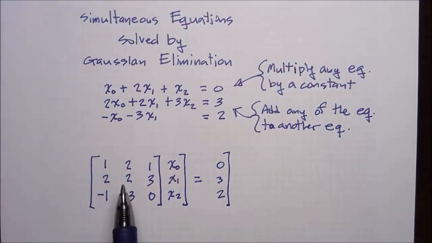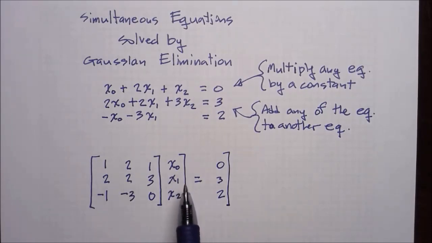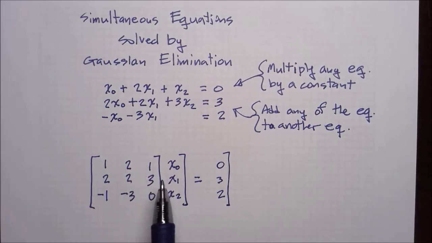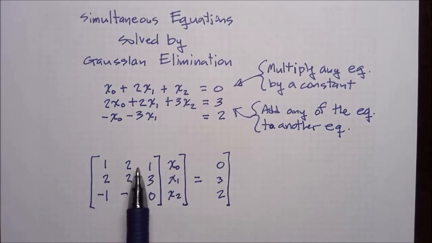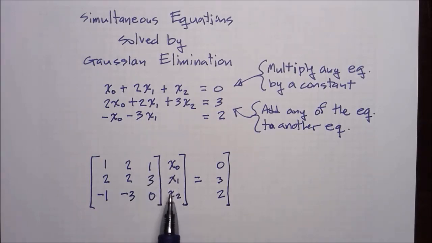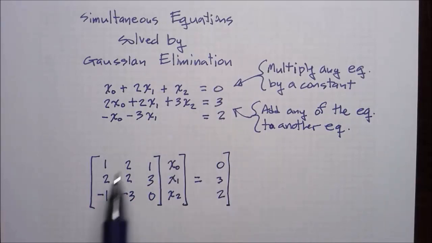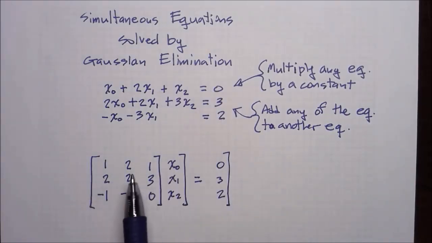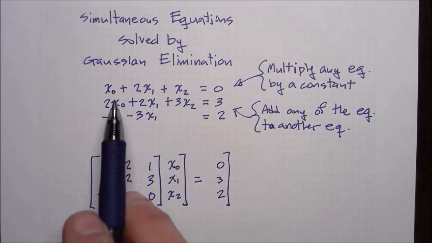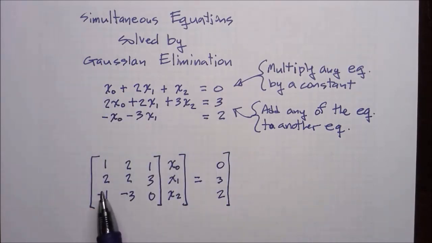And if you understand how to multiply matrices, you will see that this is exactly the same set of equations simply written in matrix form. We have 1 times x0 plus 2 times x1 plus 1 times x2 equal to 0. That's exactly the first equation. 2 times x0 plus 2 times x1 plus 3 times x2 is equal to 3. That's exactly the second equation.